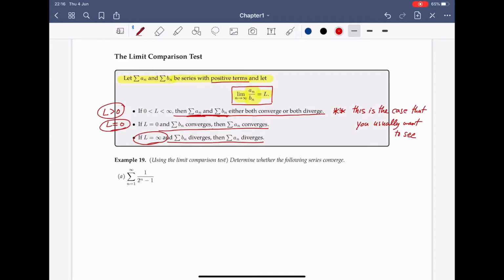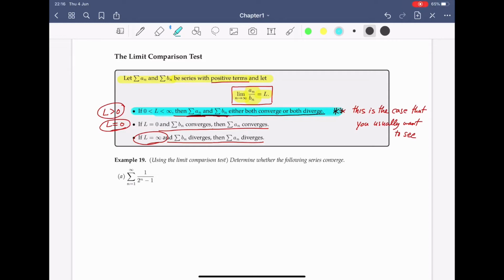As I told you, most of the time you're going to end up with case number 1. This is the one that you need to memorize because you're going to face this case a lot. Now let's move to examples so you can see how the limit comparison test works.